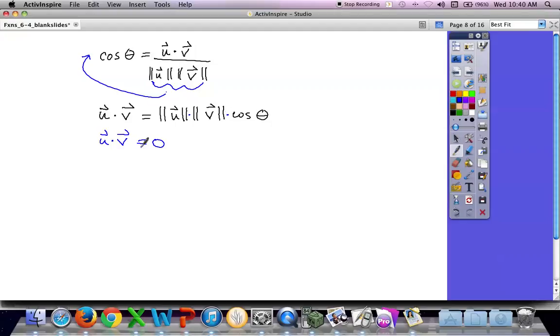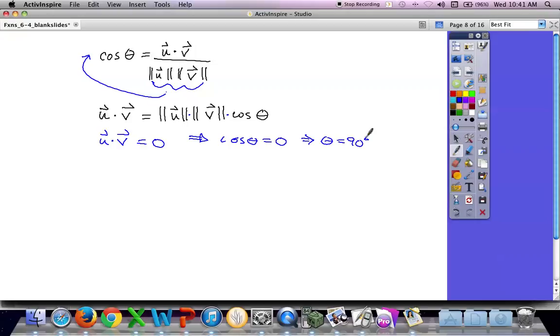So if the dot product is 0, that means the cosine of theta equals 0. Okay, well, we know what angle the cosine equals 0 at. Think of unit circle. Where is cosine equal to 0? Say again? At 90 degrees, right? So that means theta equals 90 degrees.